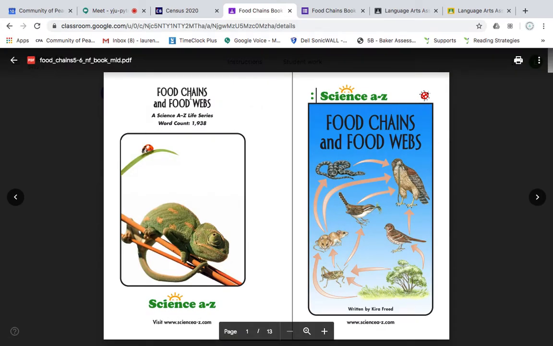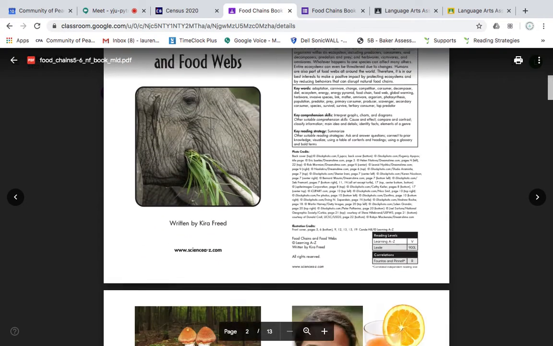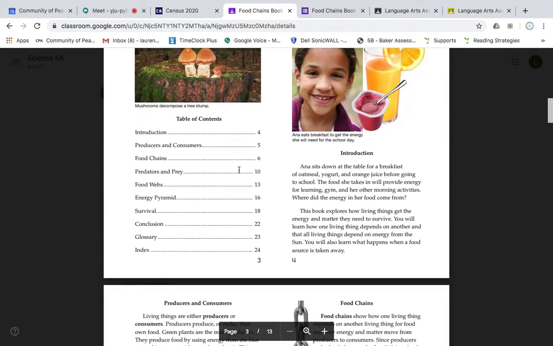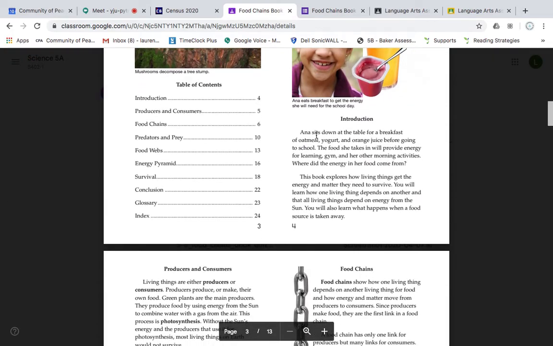All right, food chains and food webs. Introduction. Anna sits down at the table for a breakfast of oatmeal, yogurt, and orange juice before going to school. The food she takes in will provide energy for learning, gym, and her other morning activities. Where did her energy in food come from?